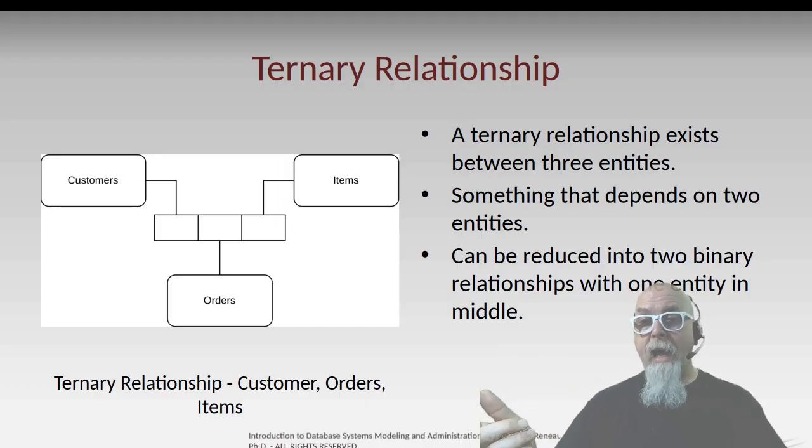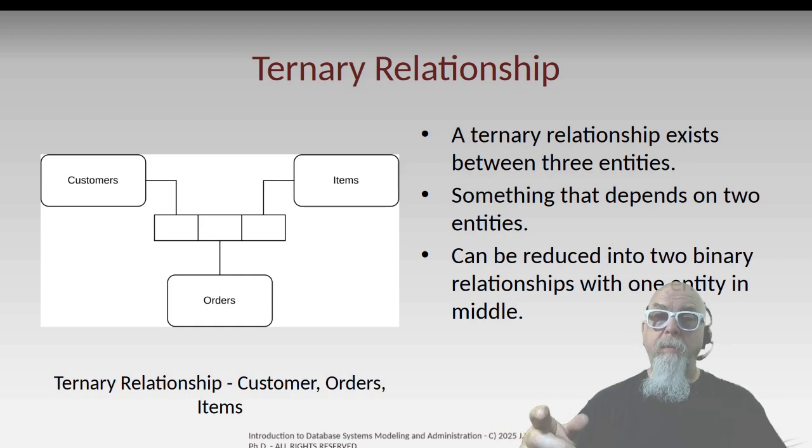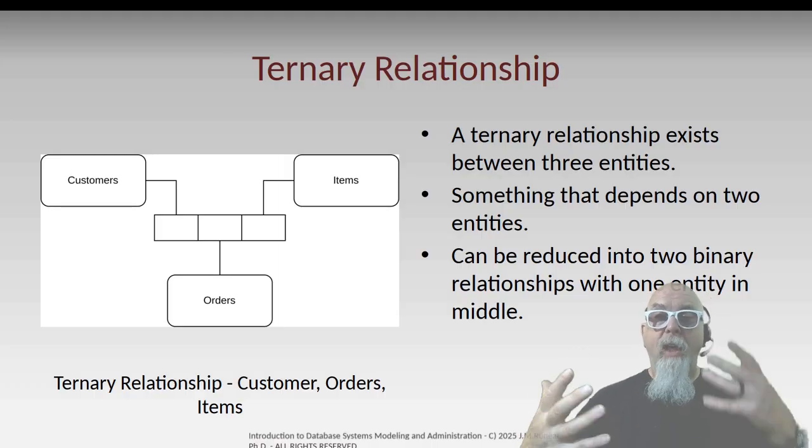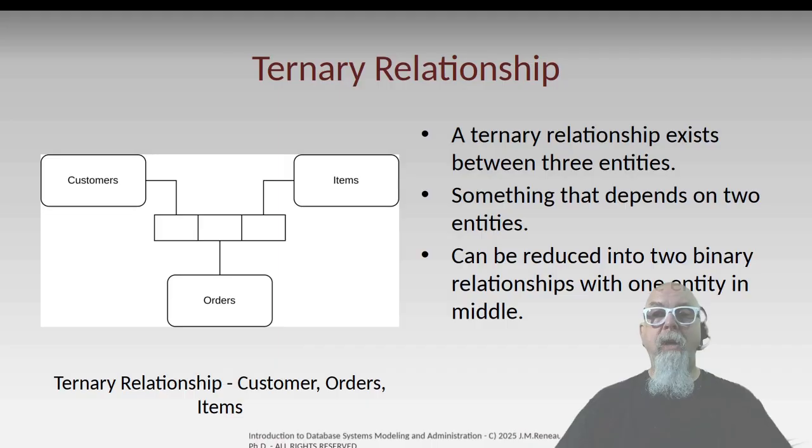even though customers buy items and items are bought by customers, but that purchase of an item by a customer is done through an order. So we can see that a customer creates an order, items are included on an order, items are on the order, and the order is for a customer. So this is kind of a three-way relationship between customers, items, and orders.